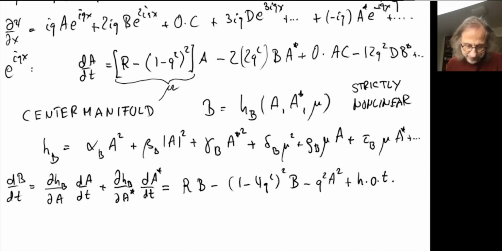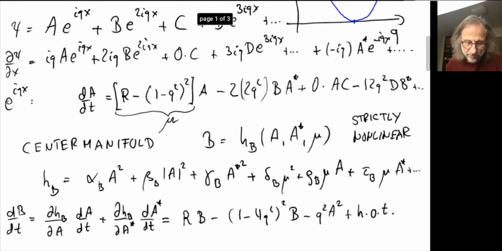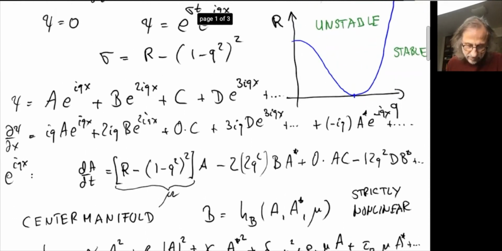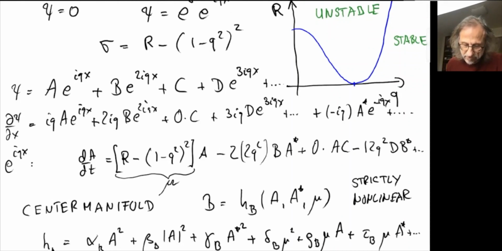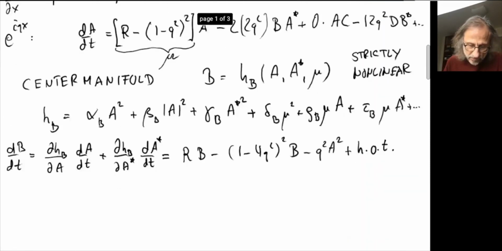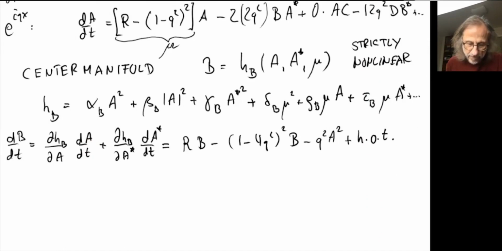The dA by dt was our equation, it is mu times a, right, which is quadratic, or it's b times a star, which is cubic. So dA by dt is therefore quadratic, mu times a, and times dHB by dA. H is quadratic, derivative being a makes it linear. So we have quadratic times linear is a cubic term. And this is also a cubic term. So actually to leading order, the only things we have is this term and then whatever b offers. B is quadratic, yes, so we can balance things.